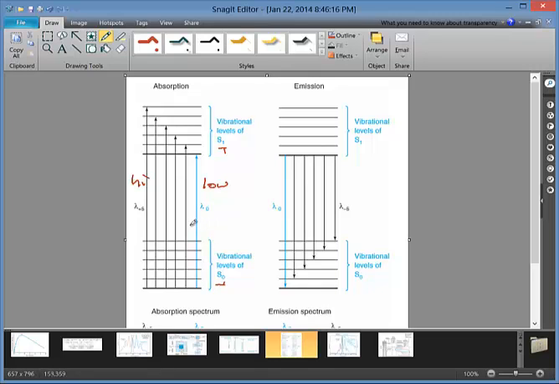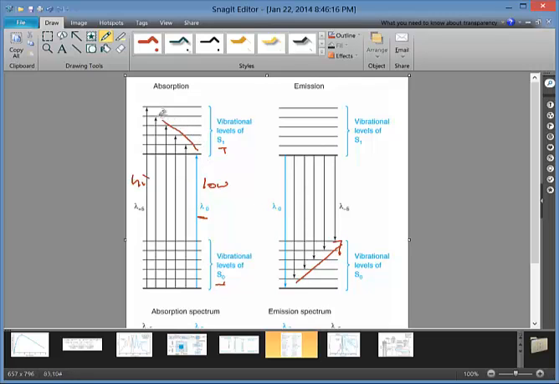Notice how in this case we're going from our standard, or sort of our reference wavelength, and going to the different vibrational modes, we're going up to higher and higher energies in the absorption spectrum. But notice how the dark arrows here are actually smaller, so that means in the emission spectrum we're going to lower and lower energies.